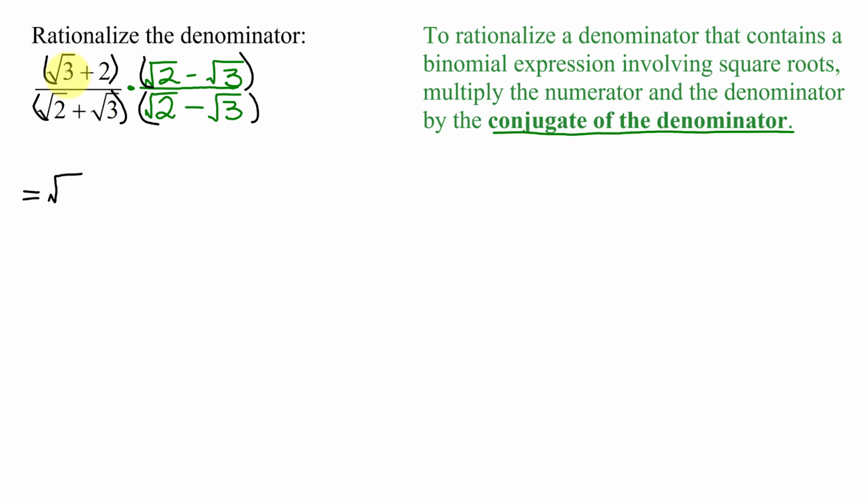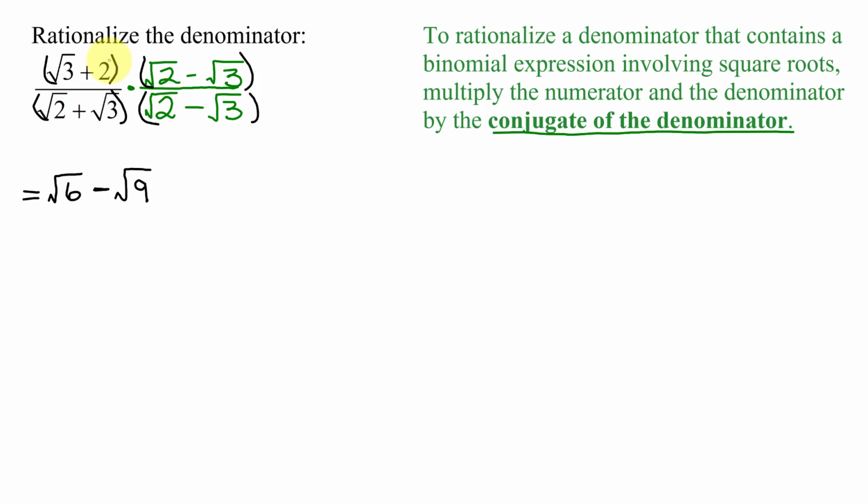So I'm going to get the square root of 3 times 2 is 6. Outer, the square root of 3 times negative the square root of 3 is minus the square root of 3 times 3 is 9. Inner, 2 times the square root of 2.